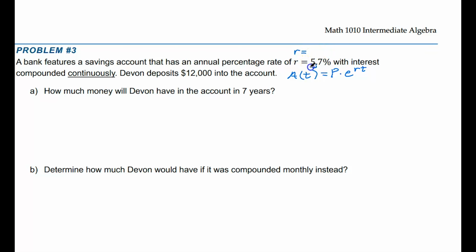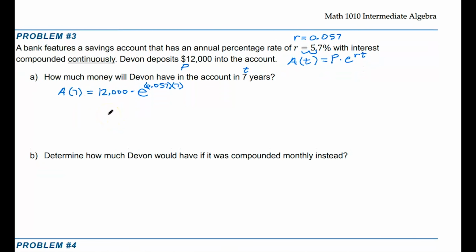So again, moving that decimal 2 places to the left, we get 0.057. And then $12,000 is going to be our P. And now in part A, 7 years is going to be t.